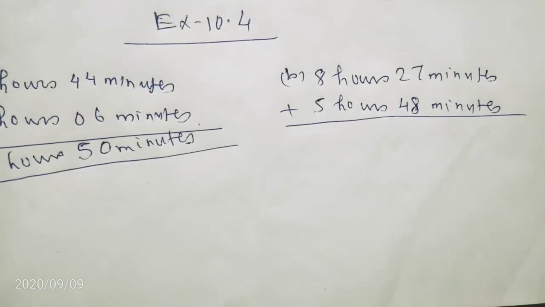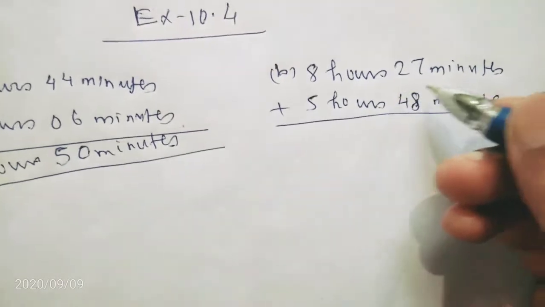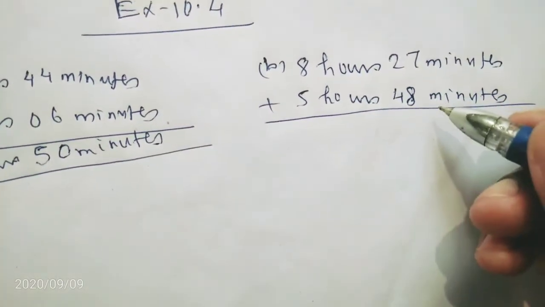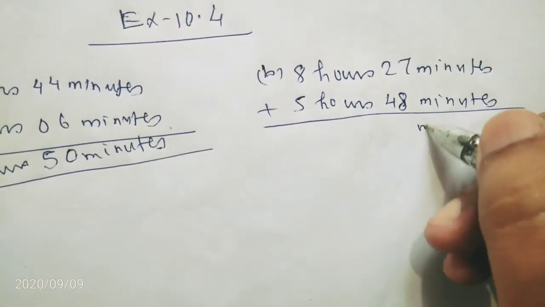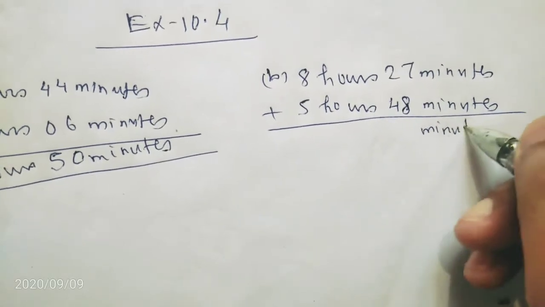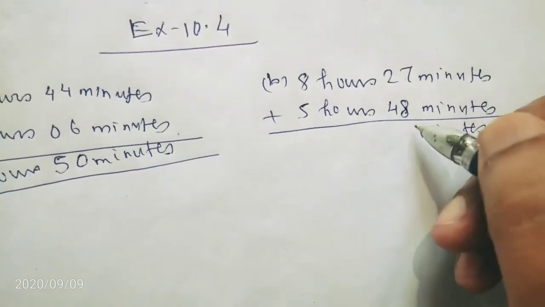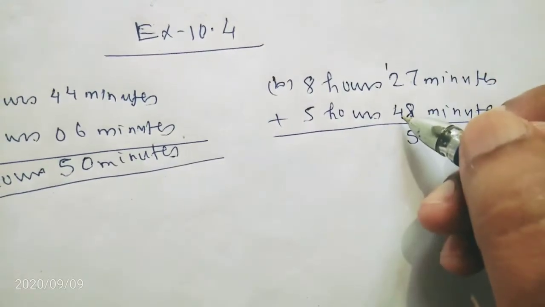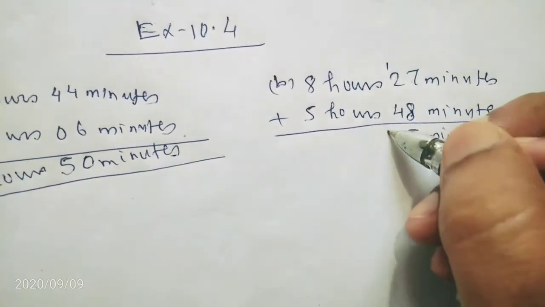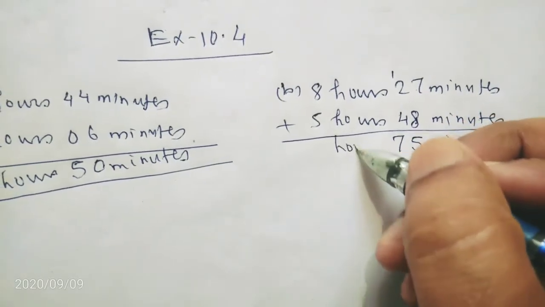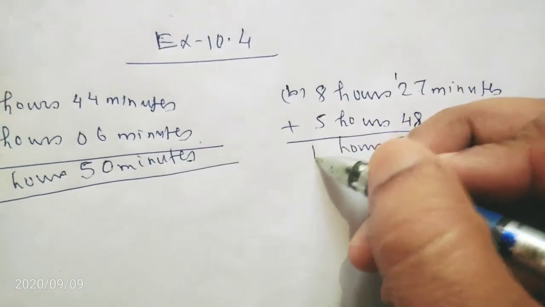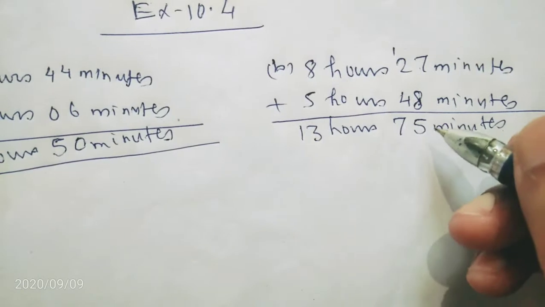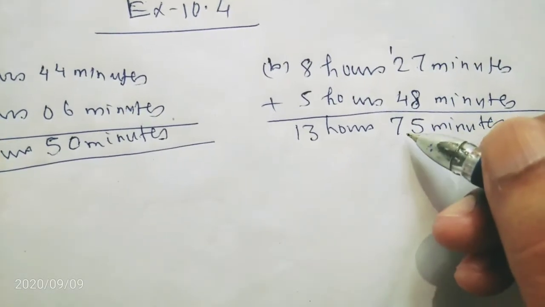Now question number B, 8 hours 27 minutes and 5 hours 48 minutes. So right here minutes, 7 plus 8 is 15, 1 in hand, 2 plus 4 is 6, plus 1 is 7, so 75. And here hours, 8 plus 5 is 13. Now you can see this minute is more than 60.